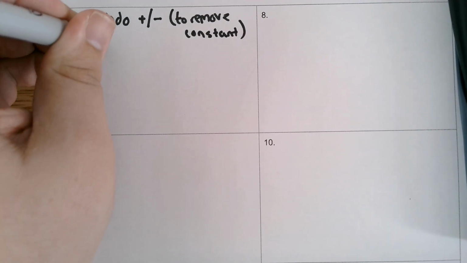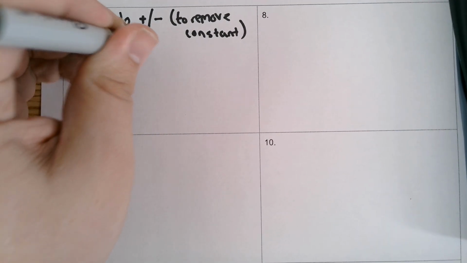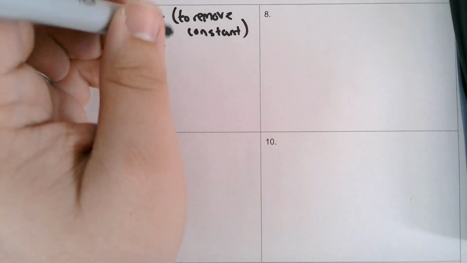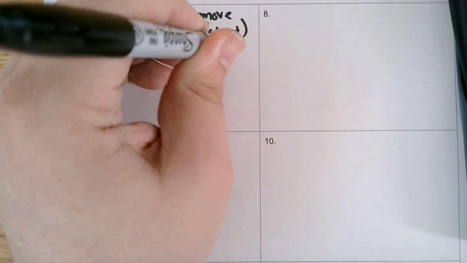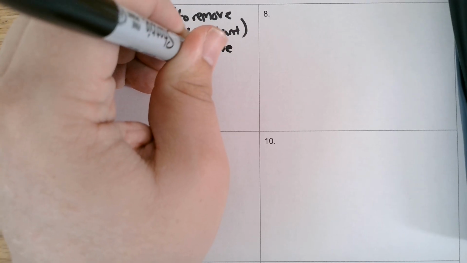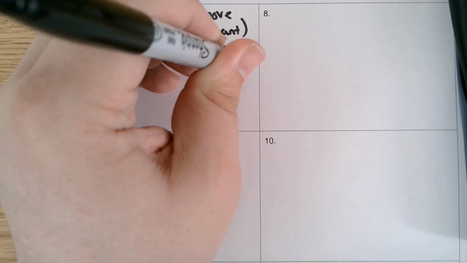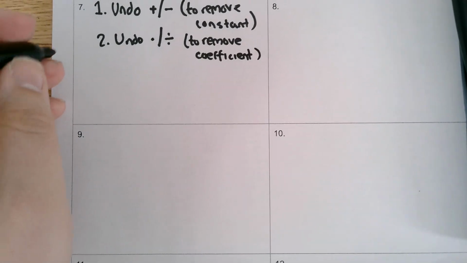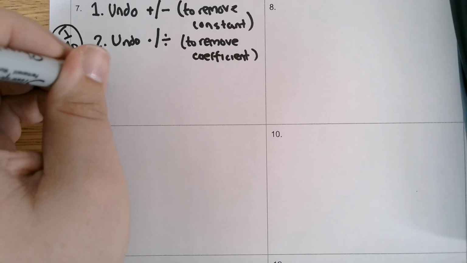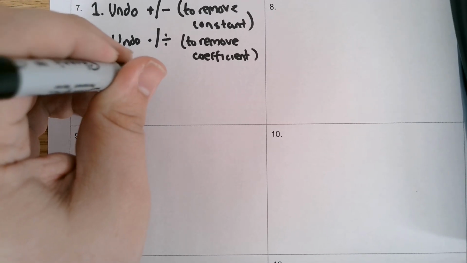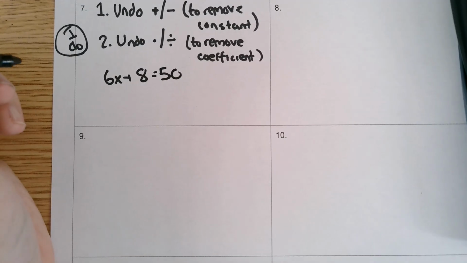And then undo multiplication and division to remove the coefficient. Okay? So in this one I will be showing you how to do 6x plus 8 equals 50.